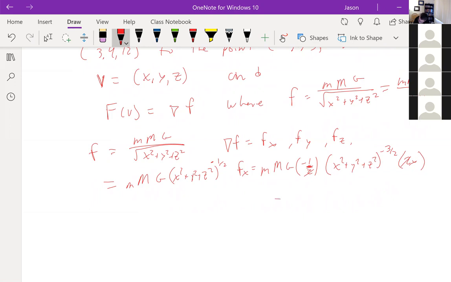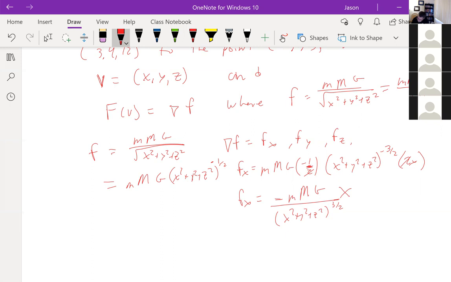So f sub x is equal to negative mg over x squared plus y squared plus z squared to the 3/2 power. So again, if you're taking the gradient of this thing, don't forget the x here. This is x, right?